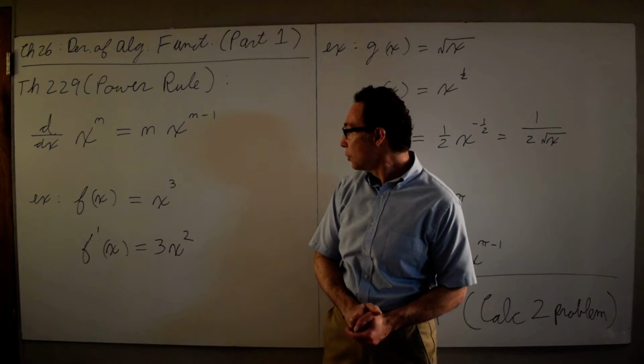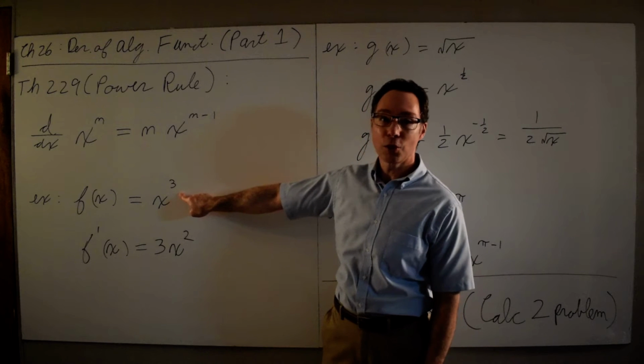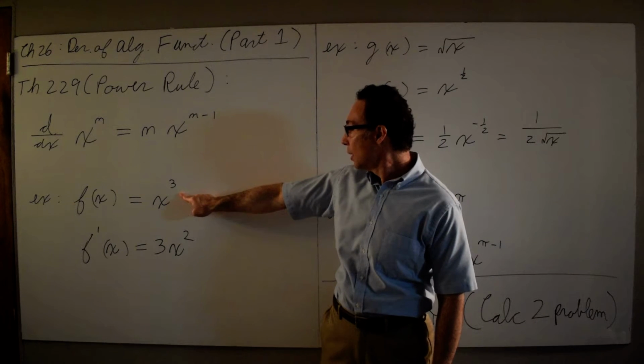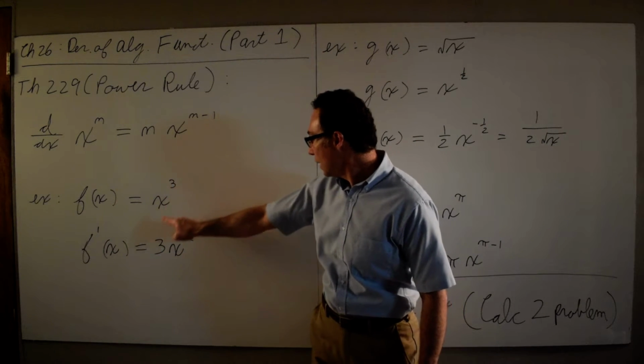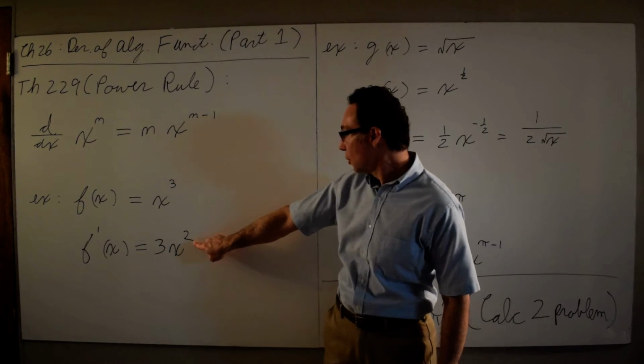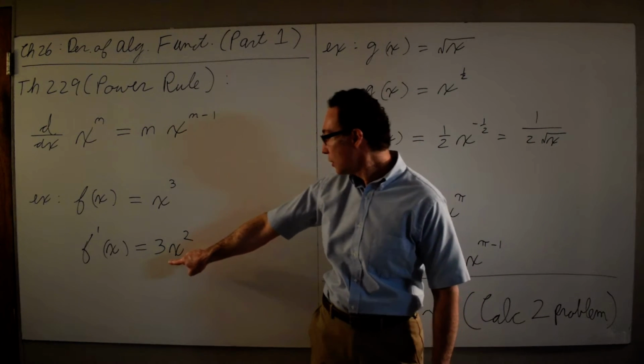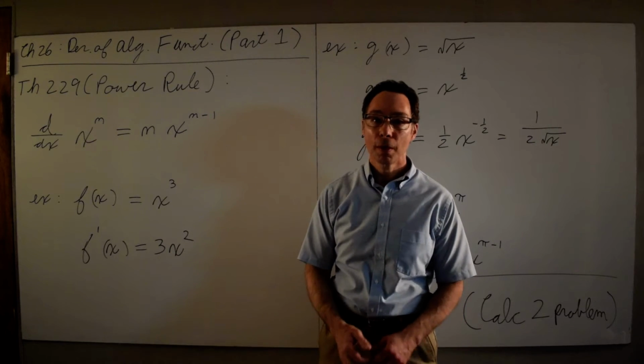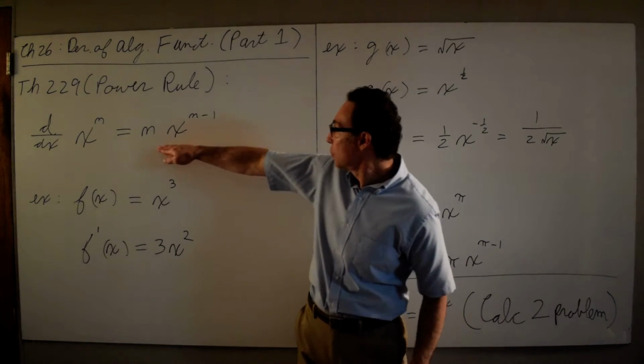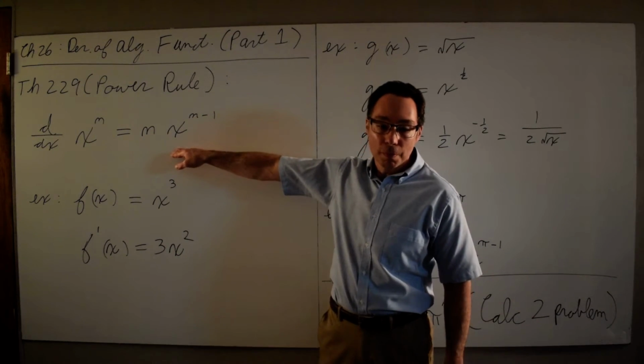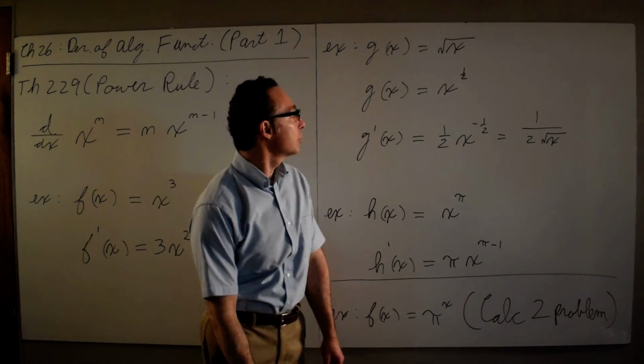And so, for example, if f of x is x cubed, then the derivative is 3 times x to the 3 minus 1. So we just have 3x squared. Now, even though the proof in the notes is for when n's a natural number, it's true for all real numbers.